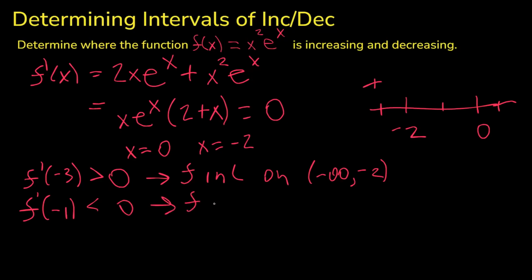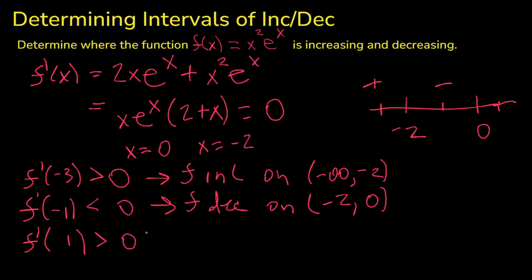That implies that f is decreasing on the interval -2 to 0. And lastly, I can test a value after 0, so 1, in the first derivative, and it's positive. So that implies that f is increasing on the interval 0 to infinity.